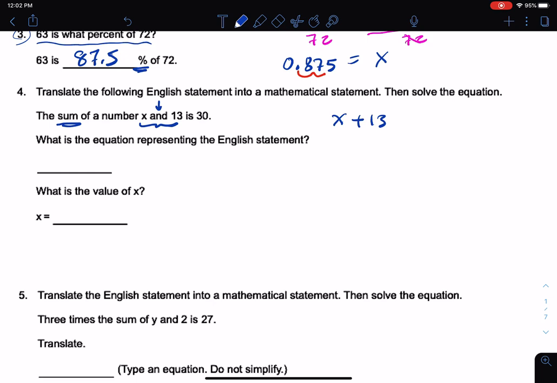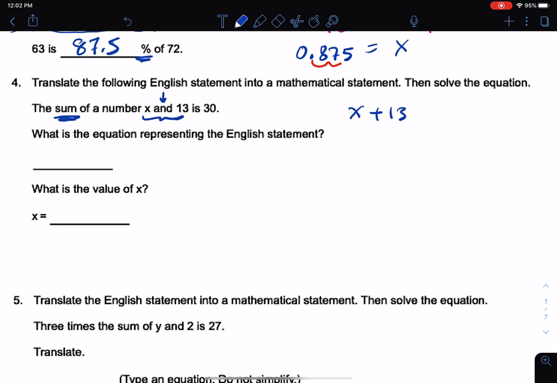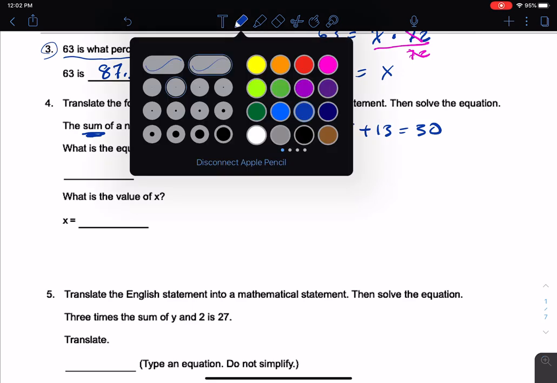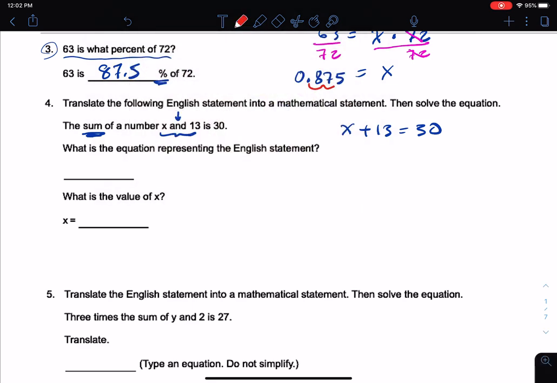The plus is coming from the word sum. Okay, so the sum of x and 13, so x plus 13 equals 30. So we go to solve this equation. The first thing they want, I believe, is the equation, which is x plus 13 equals 30.